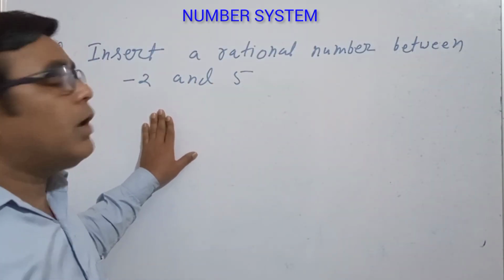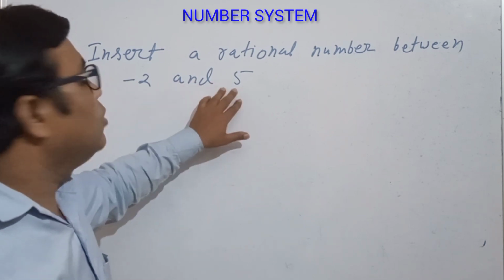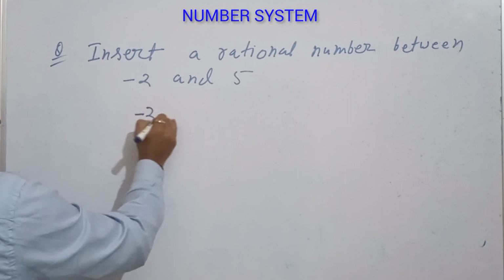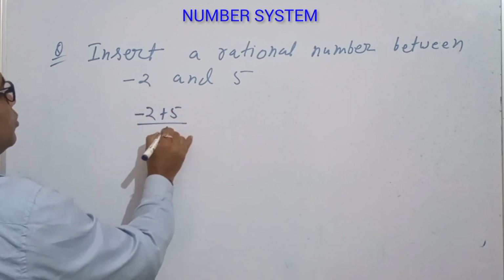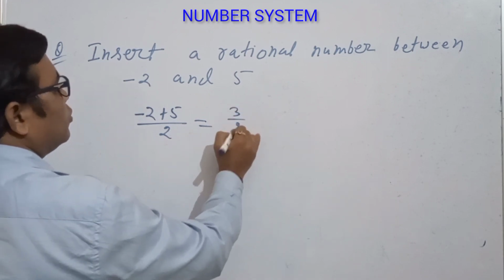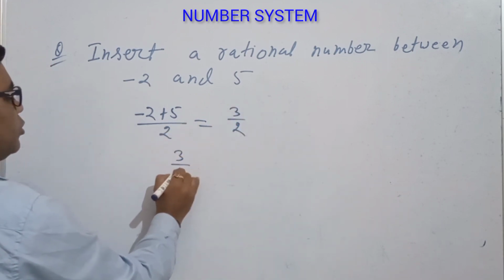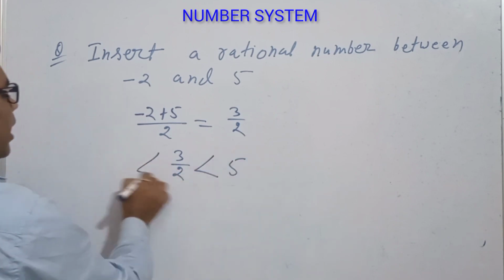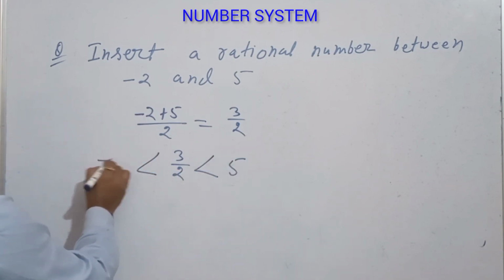Means we have to find the middle term of these two rational numbers. For example, -2 plus 5 by 2 is equal to what? 3 by 2. So 3 by 2 is a rational number less than 5 and greater than -2.